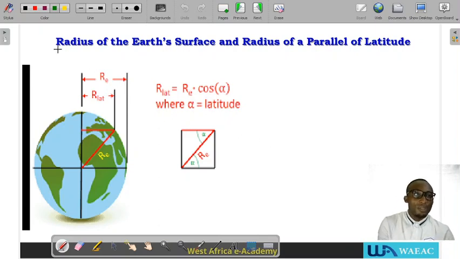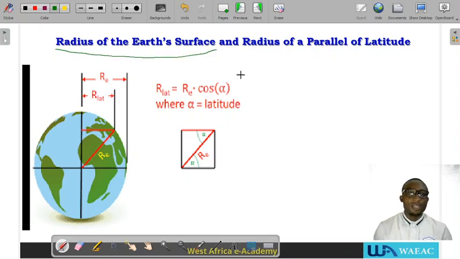The radius of the earth's surface is approximately 6,400 kilometer by calculation. So it has been approximated to be 6,400 kilometer. That is the radius of the big circle.